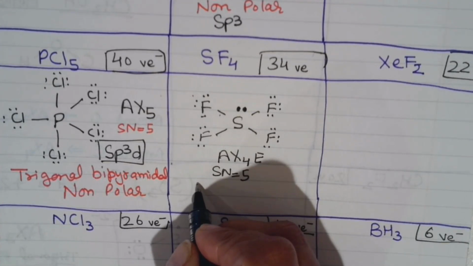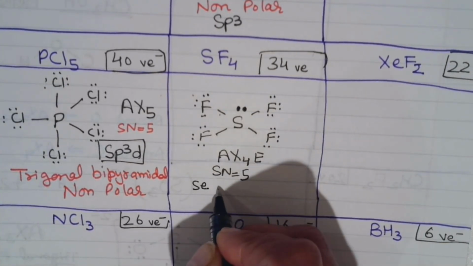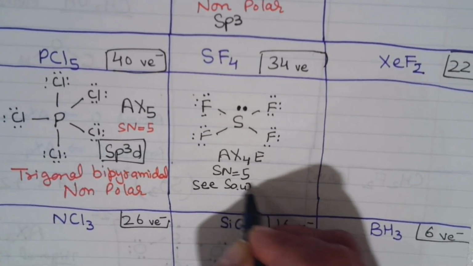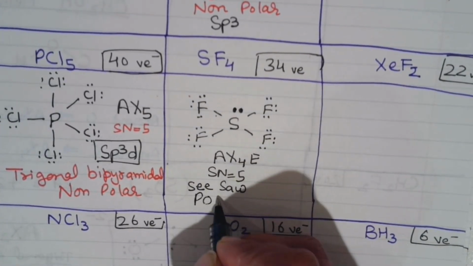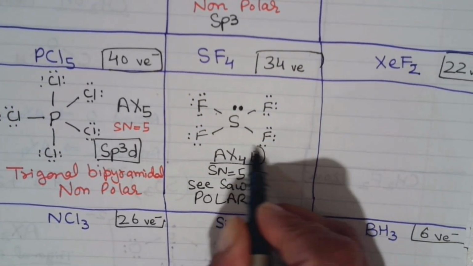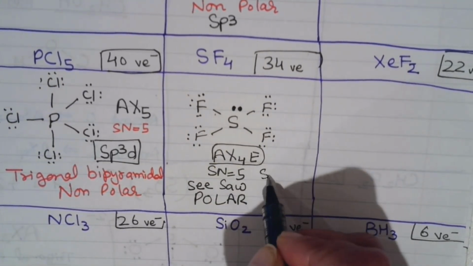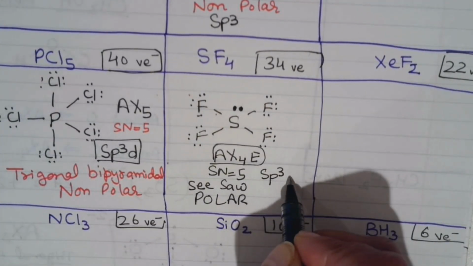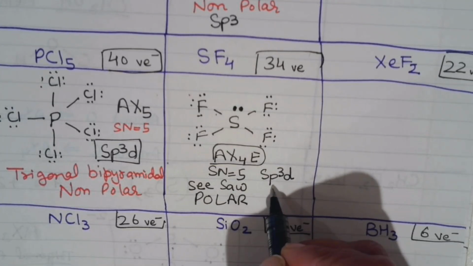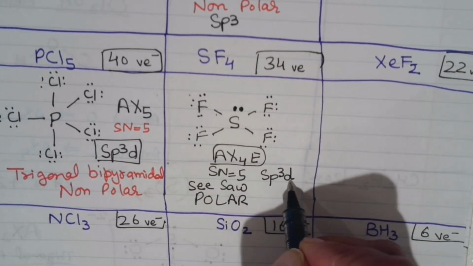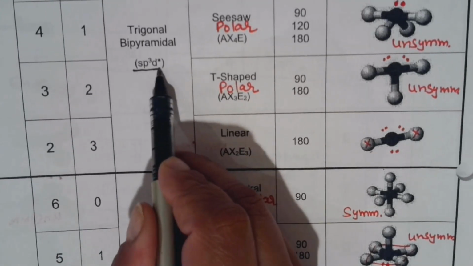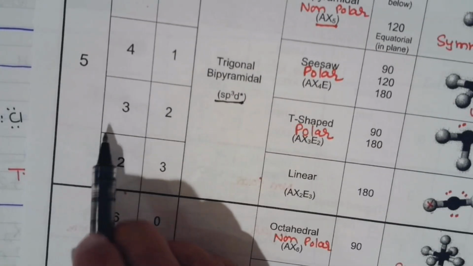So this is seesaw and this is polar. The geometry for steric number 5 is sp3d. 3 plus 1 is 4, plus 1 is 5, right? So sp3d is the hybridization of this, okay, steric number 5.